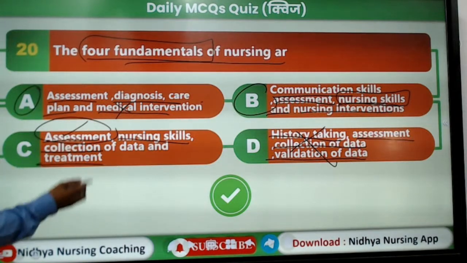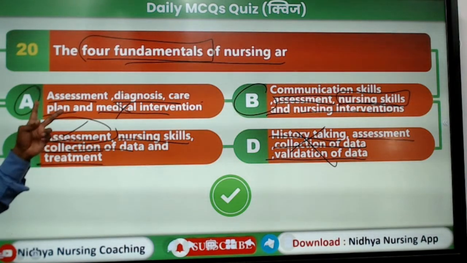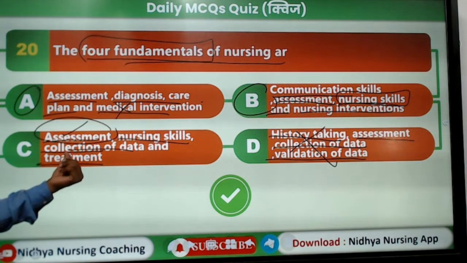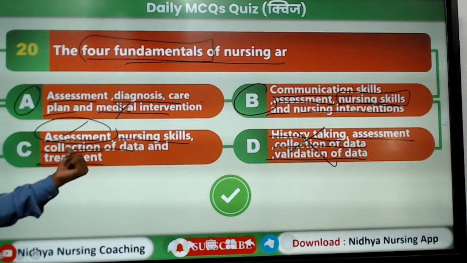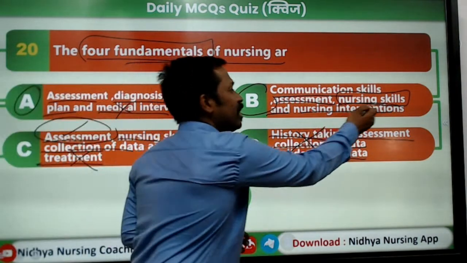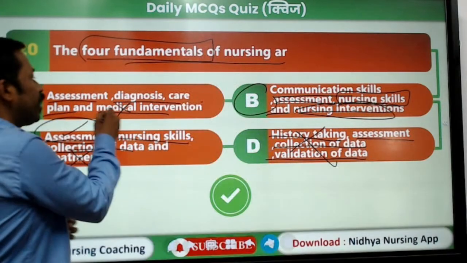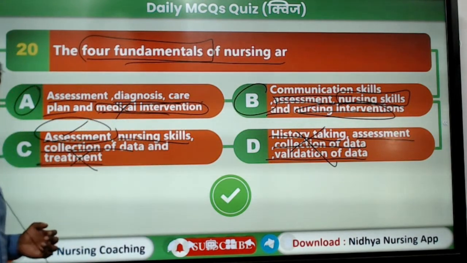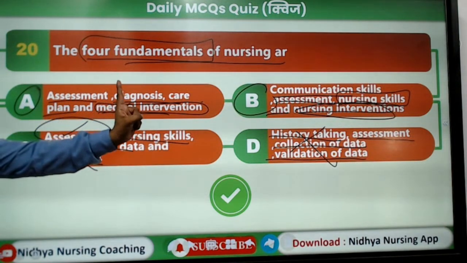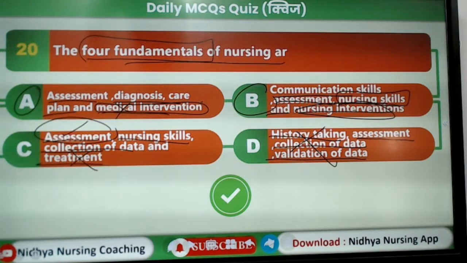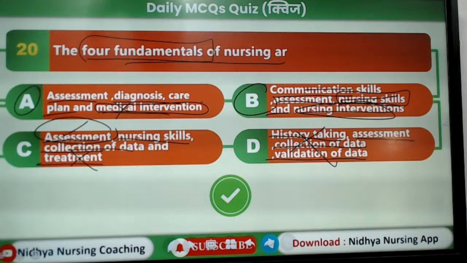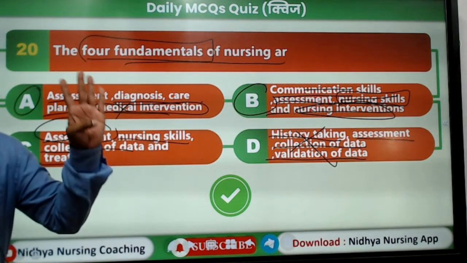Assessment is already given, then collection of data. Already two are done. Treatment is not ours, so that is also not nursing. The only thing here is nursing intervention, but there it is medical intervention. Communication and nursing skills do not come under the first four fundamentals.